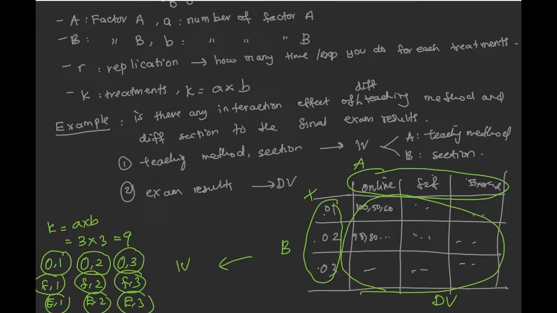So these are your treatments. Okay, r, replication. Replication is, for each treatment, how many experiments they do. For example, online learning section 1. How many data do we have? 1, 2, 3. So 3. r is equal to 3. Okay, so don't worry much. We will look at the example.